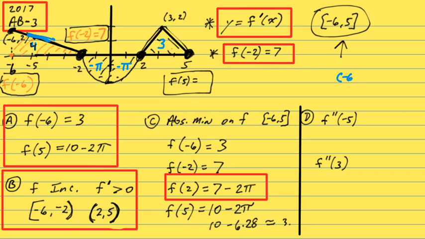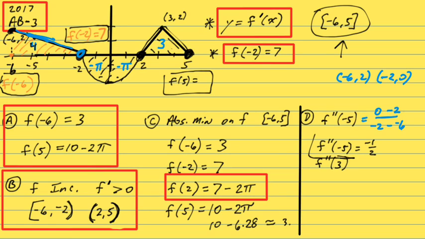I believe it's negative 6, 2 and negative 2, 0 would give me the slope of this line, which would be what the slope is at negative 5. So if I do y minus y over x minus x, I get negative 2 over 4. So I believe that makes f double prime of negative 5, negative 2/4 or negative 1/2.